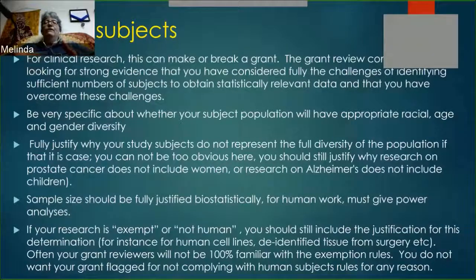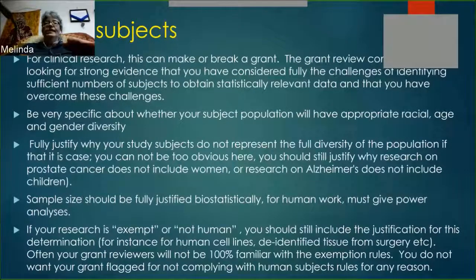You don't want to have your grant reviewers flagging your grant for not complying with human subjects rules. And you will find that your grant reviewers are not well familiar with the extent of the exemption rules or even with the extent of what is human subjects research or not human research.